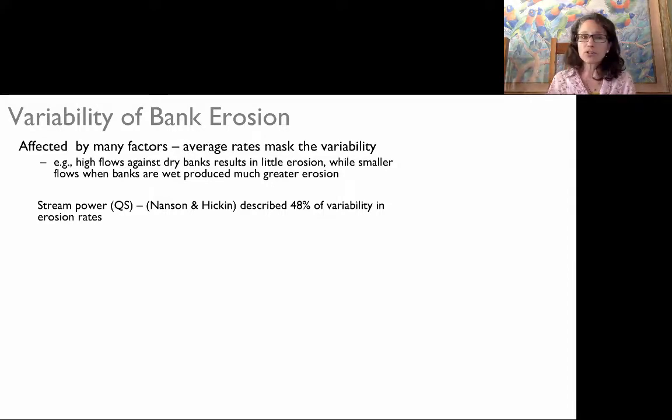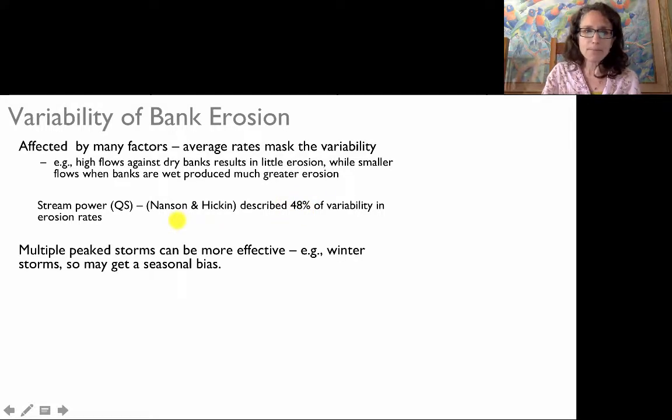There has been some work trying to correlate other stream variables with bank erosion rates. And one of the best correlations is with stream power. So stream power, using multiple regressions, was shown to describe 48% of the variability in erosion rates, which makes sense.